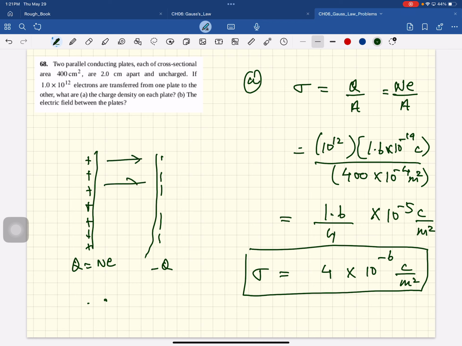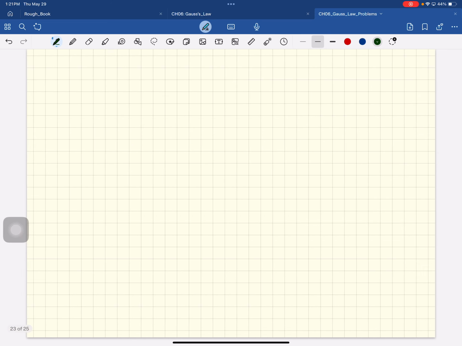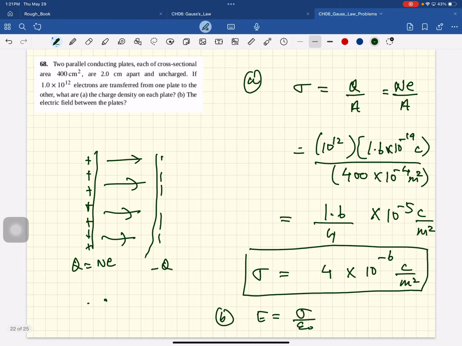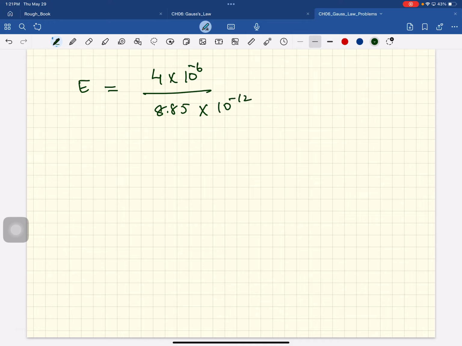And the electric field between the plates is E equals sigma divided by epsilon naught. So, is this good?